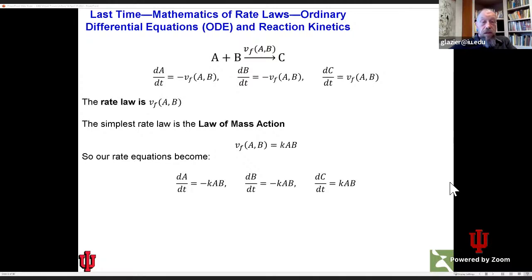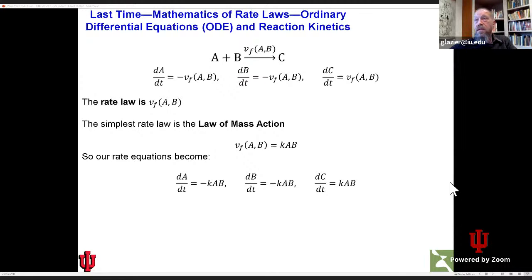And that one arrow diagram, which is how a chemist would write a chemical reaction, translates into 3 first-order ordinary differential equations: 1 for the change in concentration or amount of A, 1 for the change in concentration or amount of B, 1 for the change of concentration or amount of C. And so we do have to get used to going back and forth between the ODEs and the arrows.